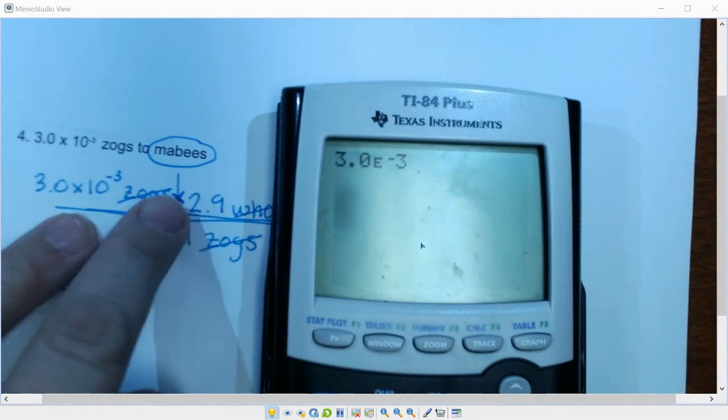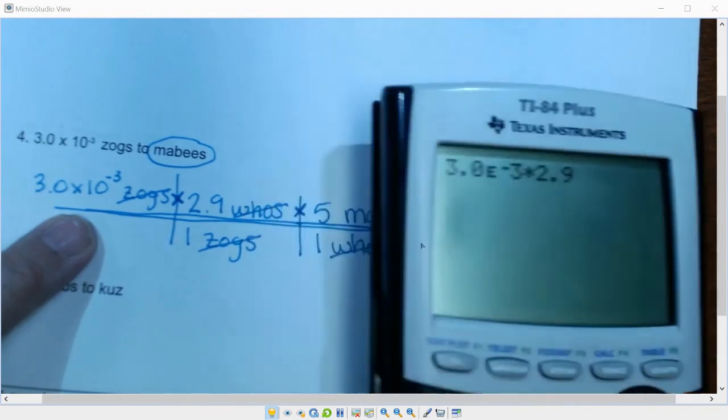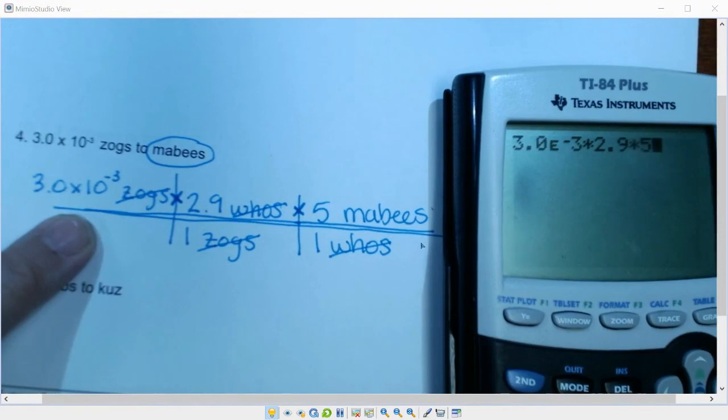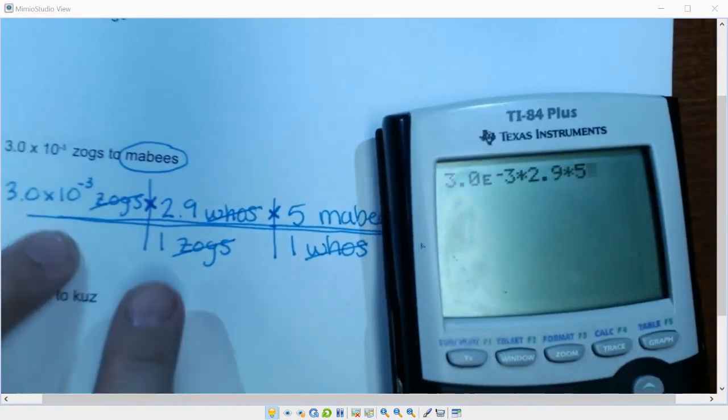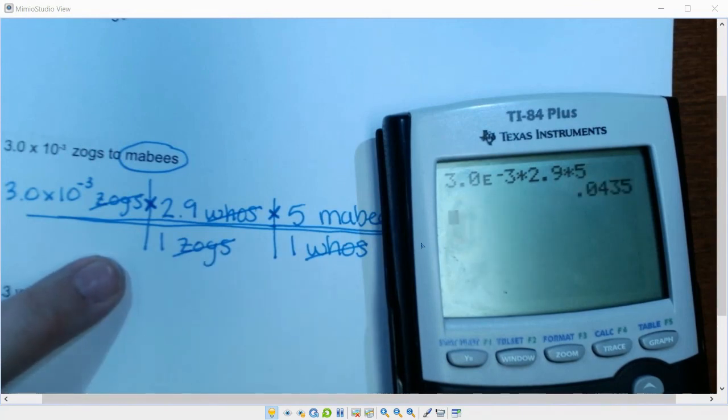Next thing I'm going to do is multiply by 2.9. So just times 2.9, and then multiply by that last digit, times 5. I don't have to divide by anything on the bottom because those are just ones. They're not going to change the outcome of my answer. I hit enter, and it gives me a result.